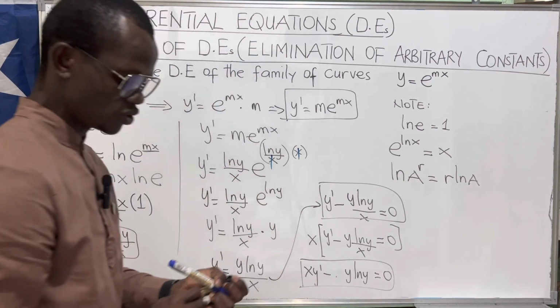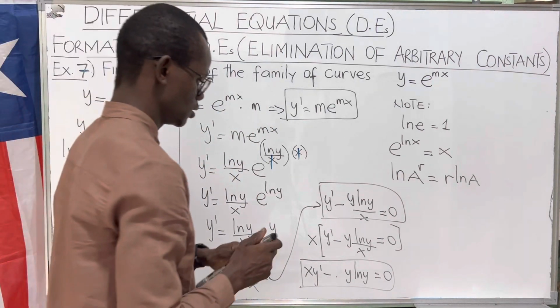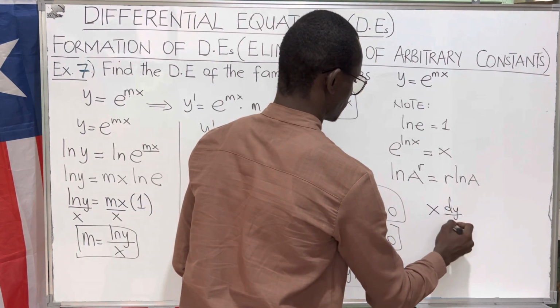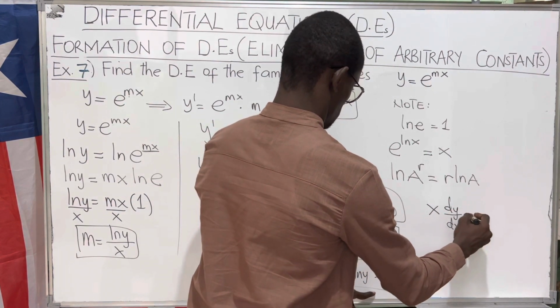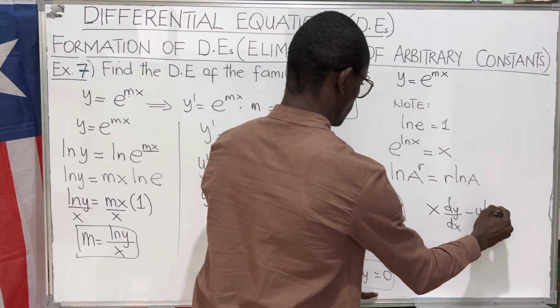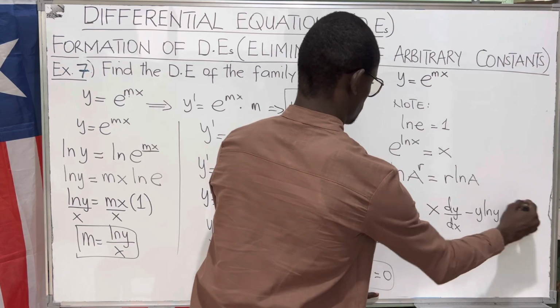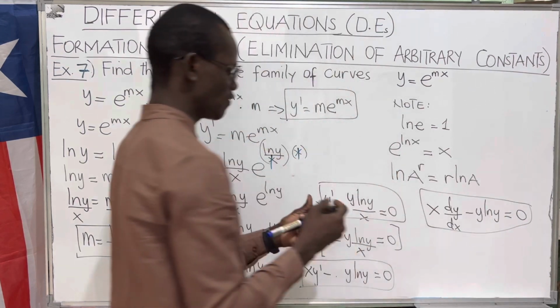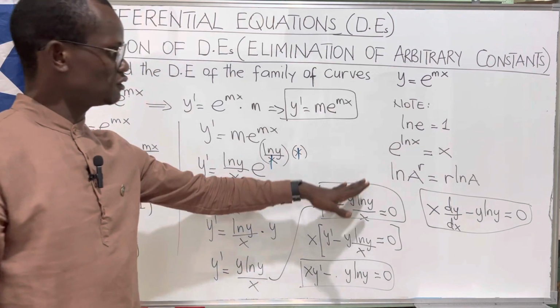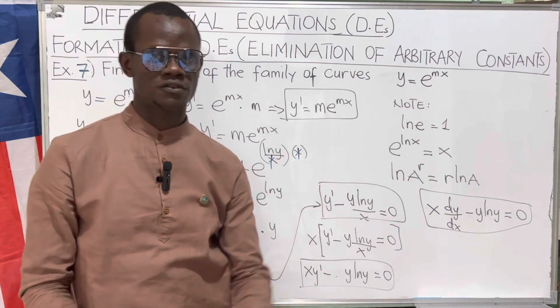Or if you want to use dy by dx, you can say x dy by dx minus y ln of y is equal to 0. So there are several ways that we can write the differential equation. So there's the differential equation for this family of curves.